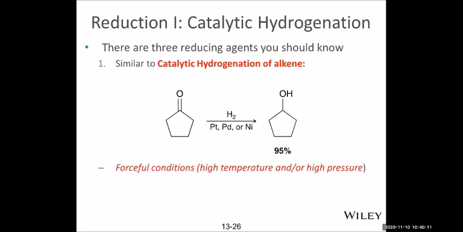So the first one, we talk about catalytic hydrogenation. Add hydrogen gas to the carbonyl with a catalyst. This is a reaction very similar to the alkene reaction. This reaction needs a high temperature and high pressure because hydrogen is a fairly stable molecule, and to make the reaction fast enough, we need a high temperature.